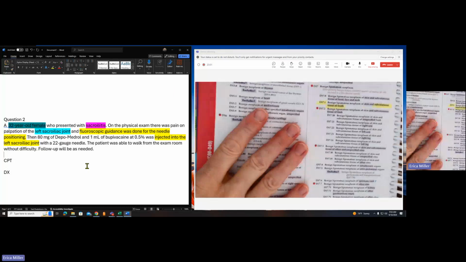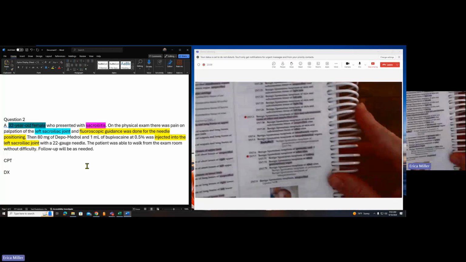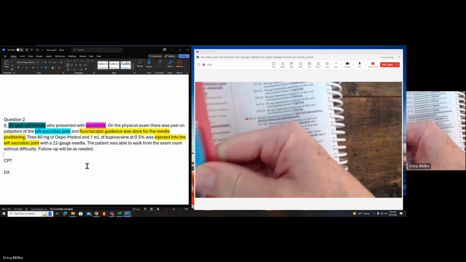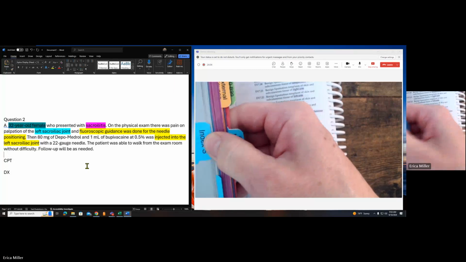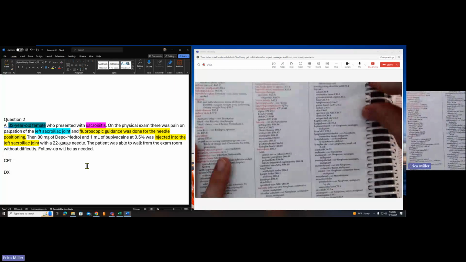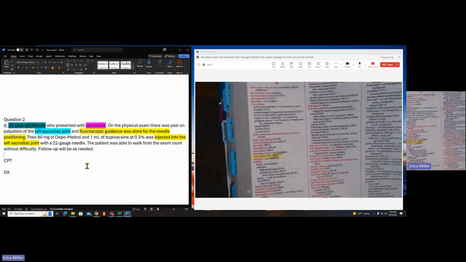So I'm already in my ICD-10 book, so I'm just going to go ahead and start there, looking up the term sacroiliitis. I love it. I actually turned right to it. That's fantastic. All right. So sacroiliitis.